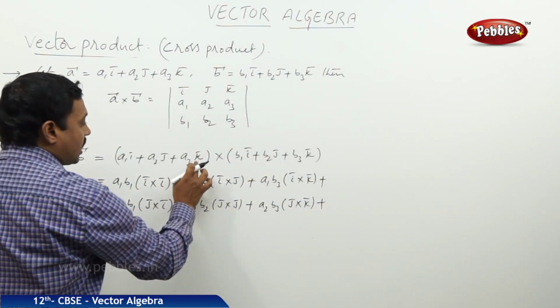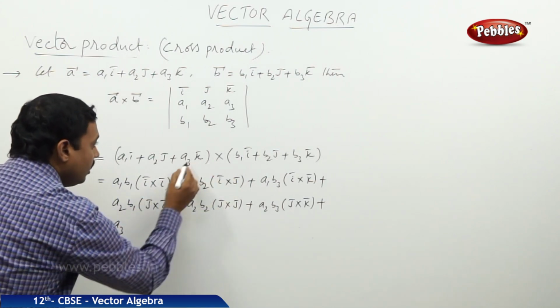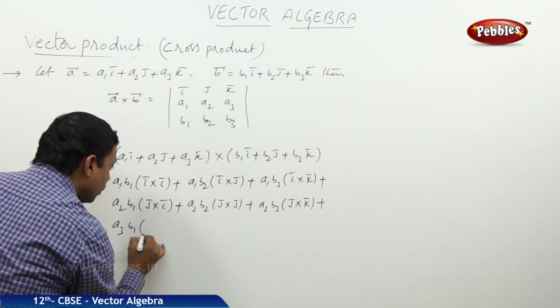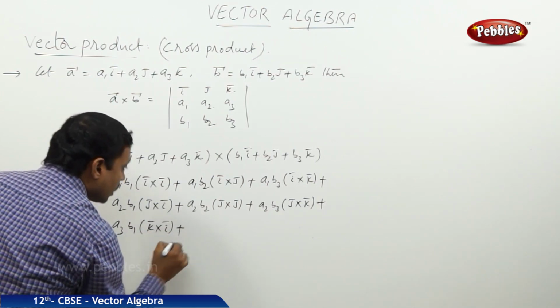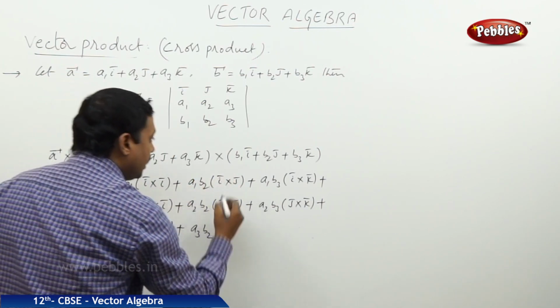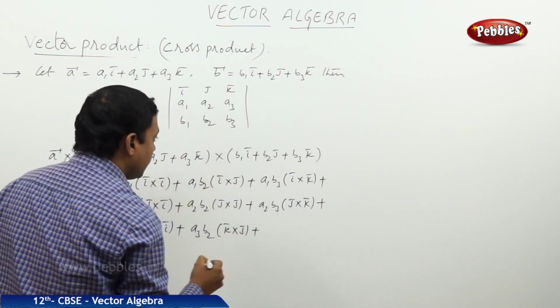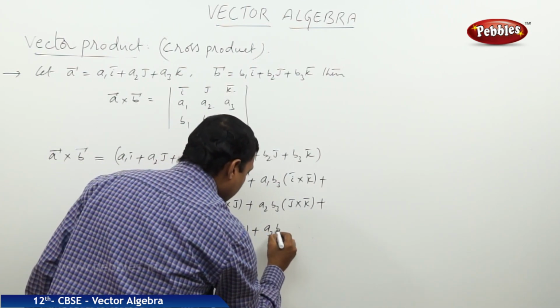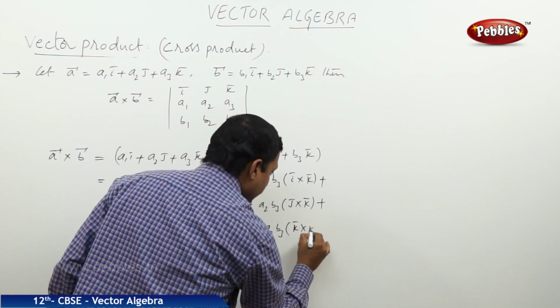Now the cross product with A3 k: A3 B1 k cross i plus A3 B2 k cross j plus A3 B3 k cross k.